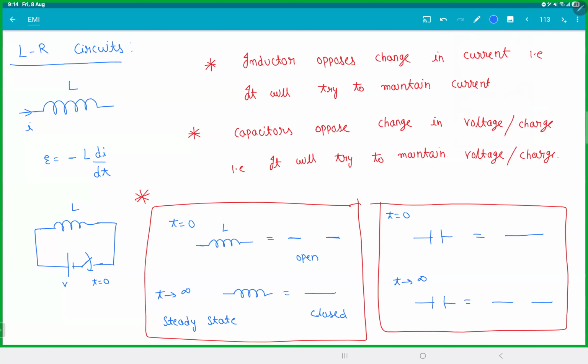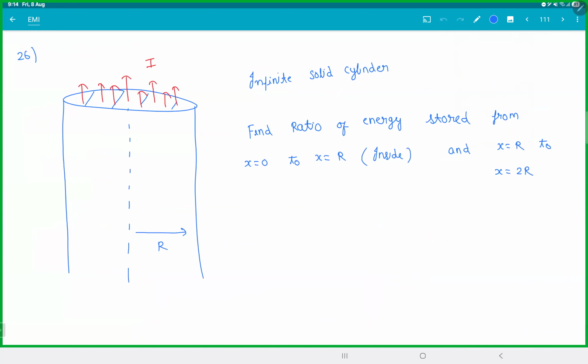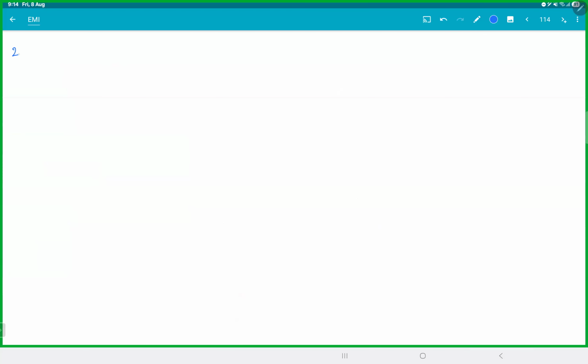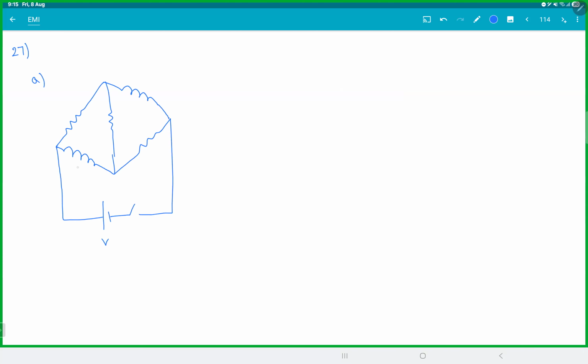Clear? Let's see a question. Hope you remember this. Same question with capacitors. The switch is closed at T0.